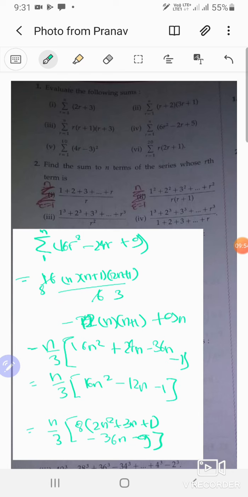Is this factorizable? So 16 times minus 1 is minus 16. Yes, it is. So minus 8 times 2 won't work. You want 12, right? 12 can be, wait, how do we factorize this thing?